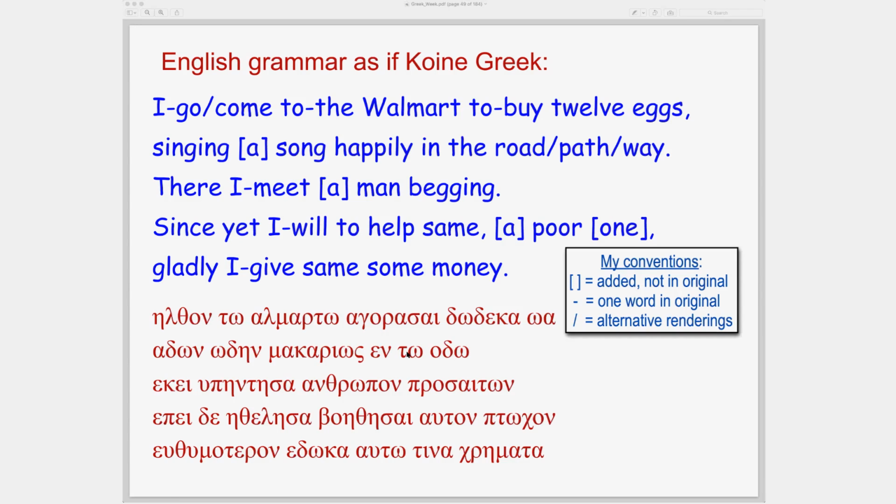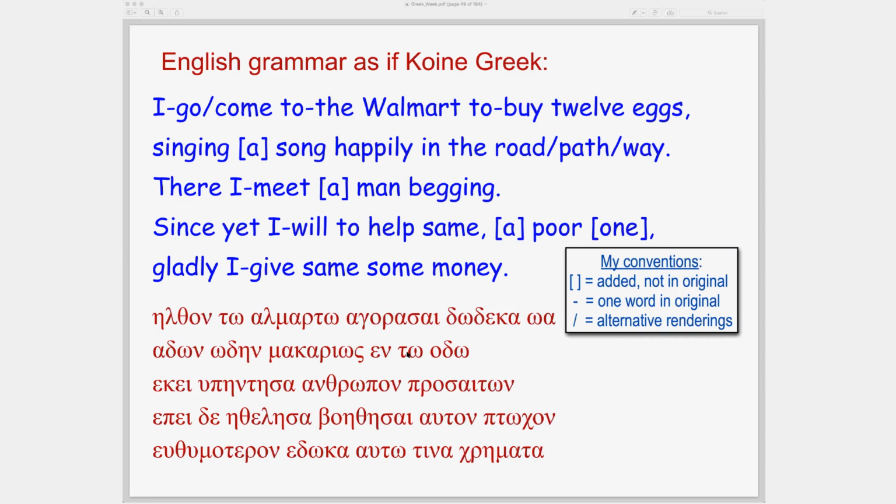That being said, here's how the grammar would look or sound as if it's Koine Greek. And as you can see, what I did was I back translated the English back into Koine Greek. So in the red on the bottom is the Koine Greek. Okay, and this is how I rendered it then.